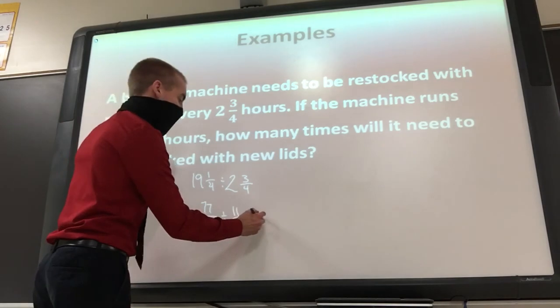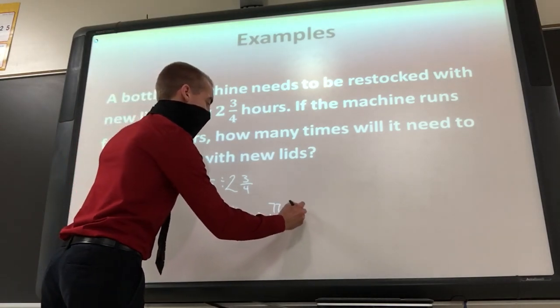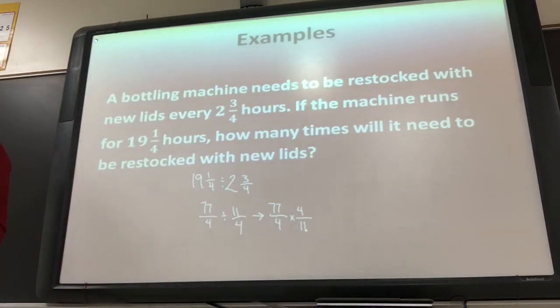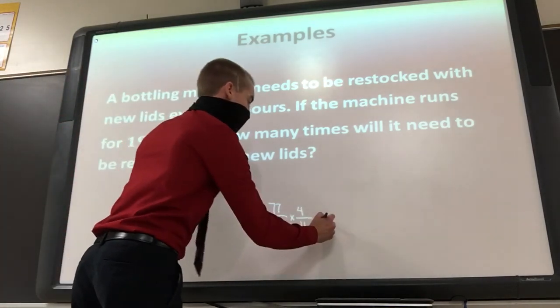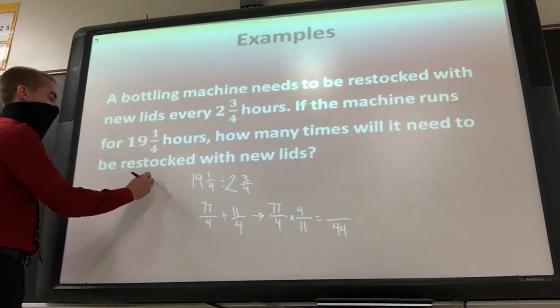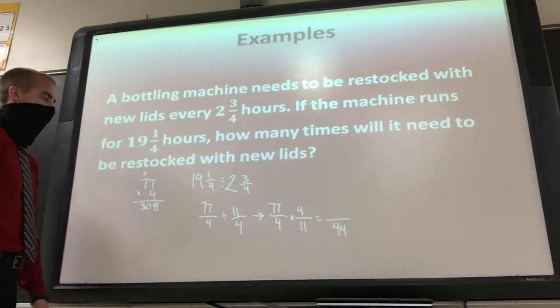So it'll become 77 over 4 times 4 over 11. And then we will multiply straight across. 77 times 4. 308.